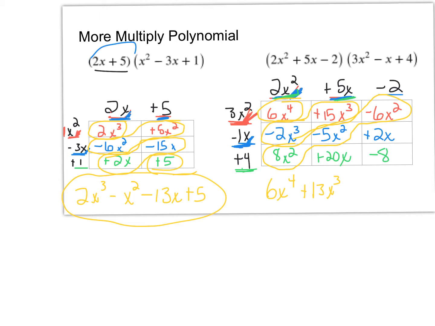So 8 minus 5 is 3. 3 minus 6 is negative 3x squared. The x's, 20 plus 2, that's 22x. Minus 8. And there's that one. Okay. Alright, let's move on.